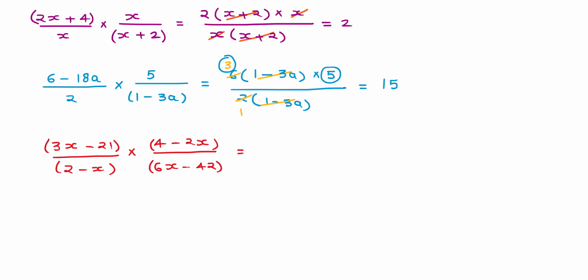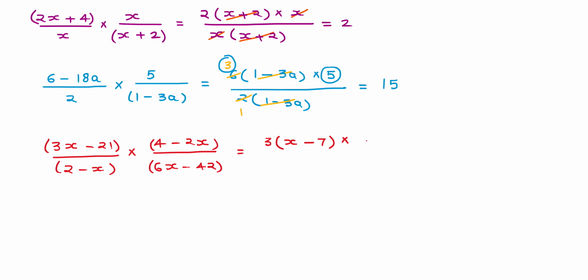Now you look at the first term at the top, 3x minus 21. 3 and 21 both come in the times table of 3. So I can take 3 out. Here 1x, we only write x, we don't write 1, minus 3 times 7 is 21. Multiply. Now this should also be factorized because 2 and 4 are both in the times table of 2.